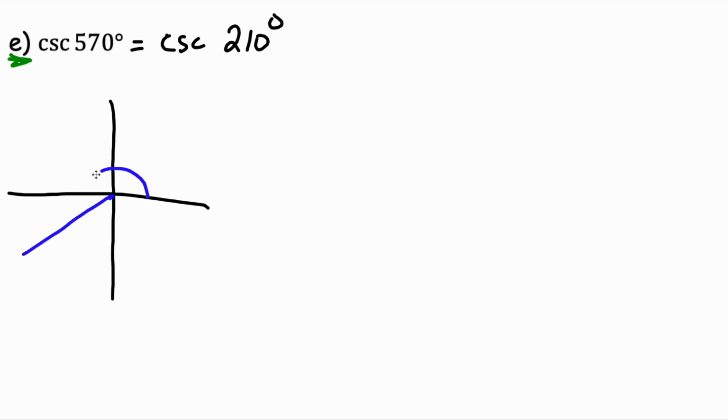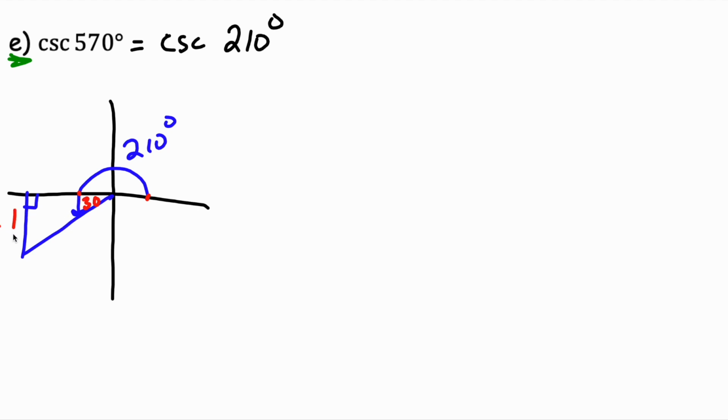So from here to here is 210 degrees. We still make our triangle off the x-axis, but I need to find my reference angle. So going from here over to here is 180, I have to go 30 more to get inside for my reference angle. So that's 30 degrees. Okay, 180 plus 30 more gets me 210.